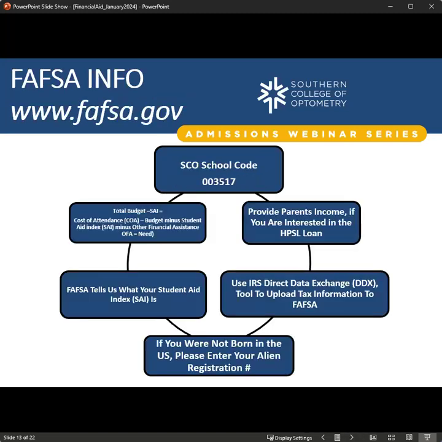So this is how the process works. When you complete your FAFSA or start your FAFSA, you need to make sure that the school code is in there, and that's 003517. Again, I should have taken this out, you can't provide parents' income anymore on your FAFSA, but we will be sending out information on how to do that.